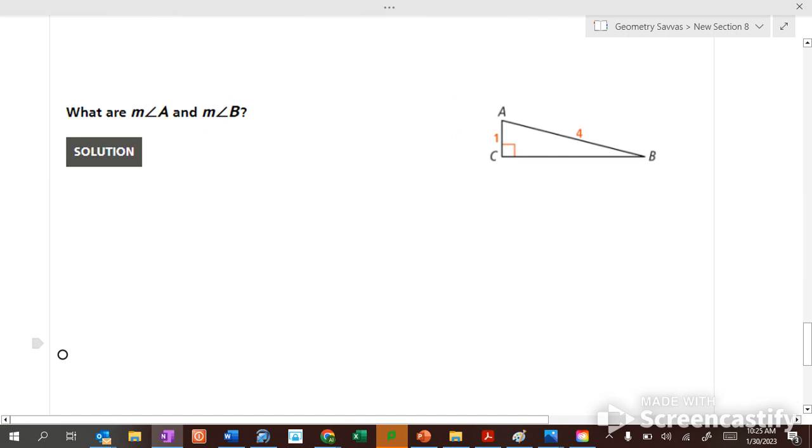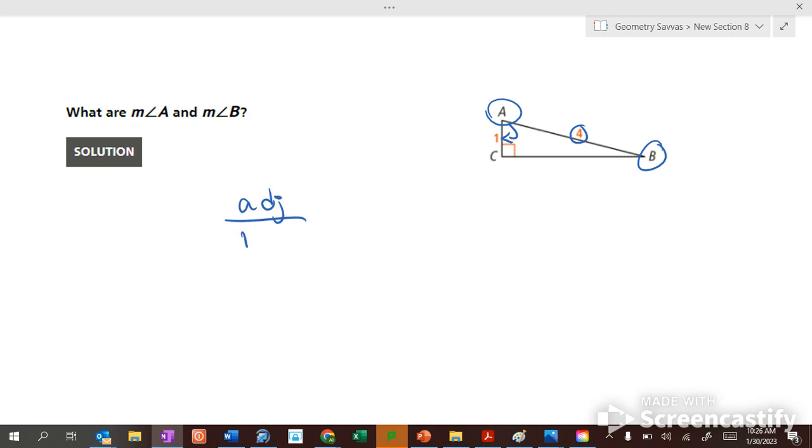Now we've got to figure out how big angles are with trig. So to figure out this angle B here and this angle A here, I guess A comes before B, so we'll figure out A first. So from A, what is the 1 called? Adjacent. And 4 is called the hypotenuse. What trig function is adjacent over hypotenuse?